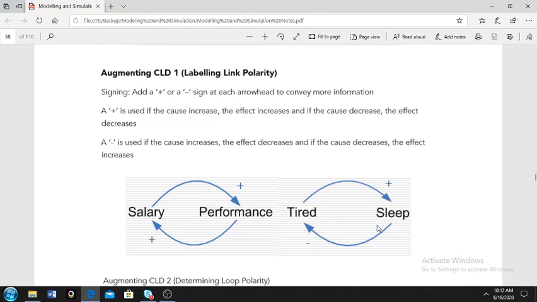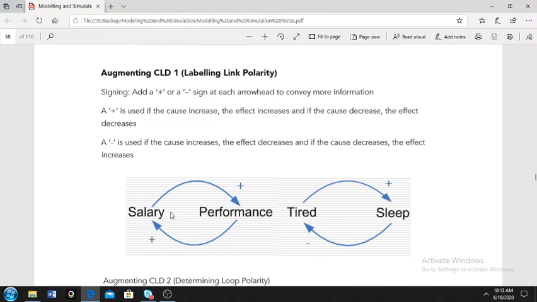But the less you sleep, the more you are tired. So the direction has changed. So it is a minus. So whenever the direction changes, from more to less, or from less to more, it's a minus. But if you have more to more, or less to less, it is a plus.